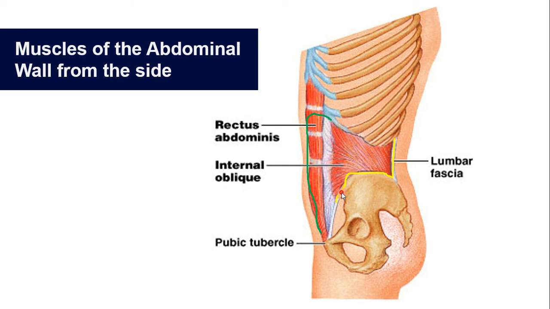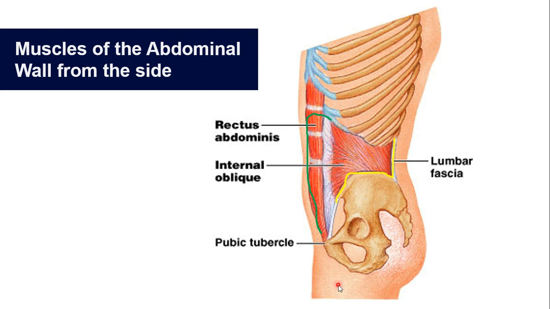And then after their origin, we have their insertion. They insert at the lower three ribs and the costal cartilages, of course the xiphoid process, and then the linea alba, again found at the center of our abdomen, and the symphysis pubis right here.